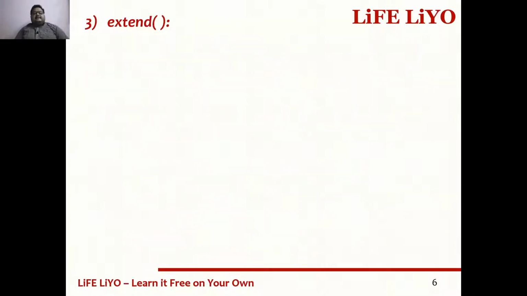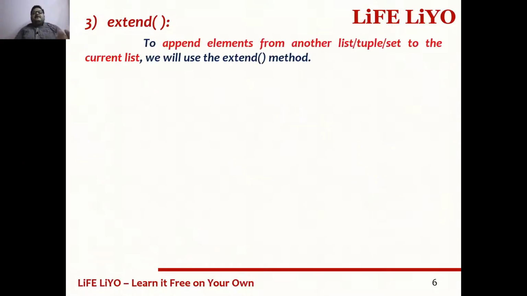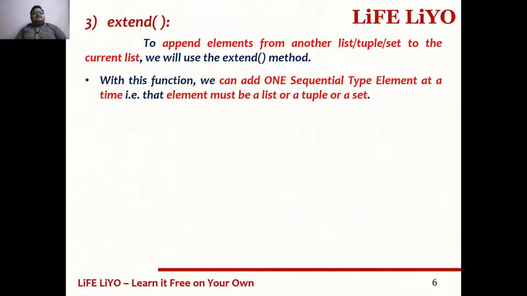Next, extend. Now append completed, insert completed. What is extend? It appends elements from another list or tuple or set to the current list. That is, if you want to add a list or tuple or set to the present list, we use a method called extend. Here we are not extending by a single element; we are going to extend it by a sequential type element.